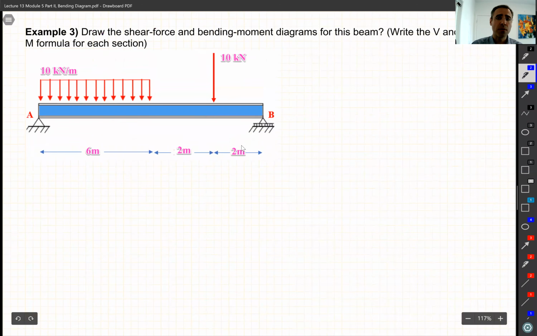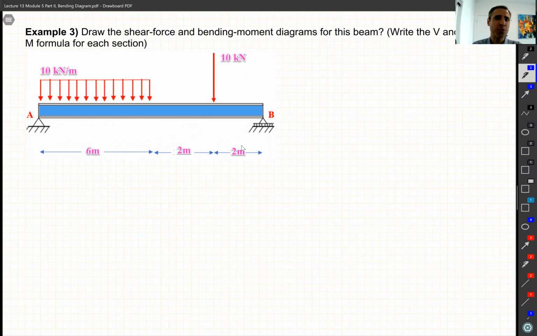Then let's solve another example together and see how we can draw the shear force and bending moment diagram. And by the way, this graphical method, without writing equations, is good to know for your exam because you can check your solution, but in the exam we always ask for the equations, all right?